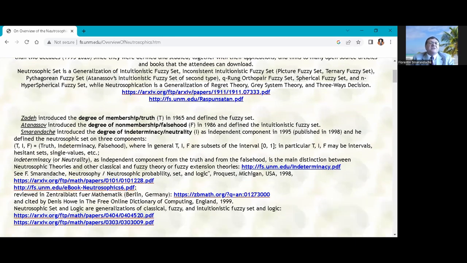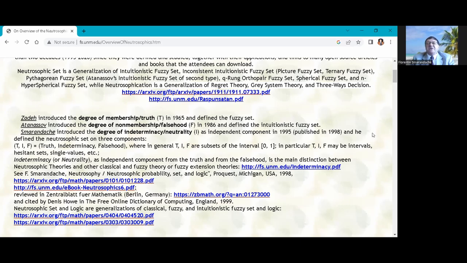Zadeh introduced the degree of membership in 1965, and he defined the fuzzy set. Atanassov introduced the degree of non-membership or falsehood in 1986, and he defined the intuitionistic fuzzy set. And I introduced the degree of indeterminacy and Neutrosophy in 1995.